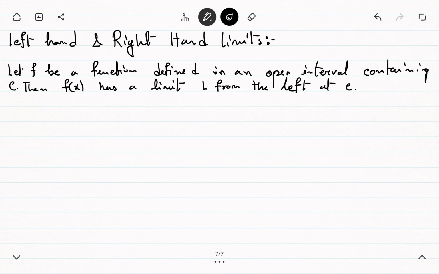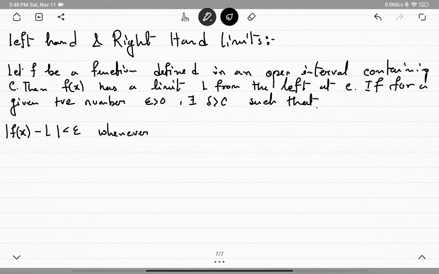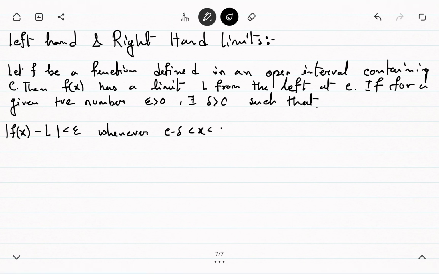if for a given positive number epsilon greater than 0 there exists a positive delta such that |f(x) minus L| is less than epsilon whenever c minus delta is less than x less than c.